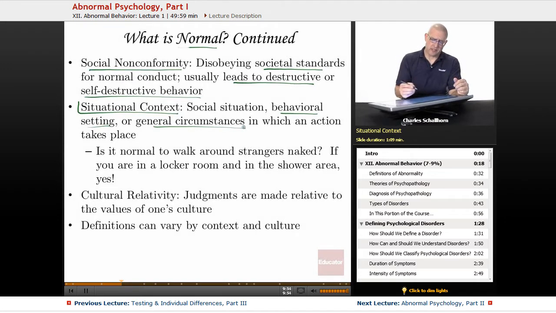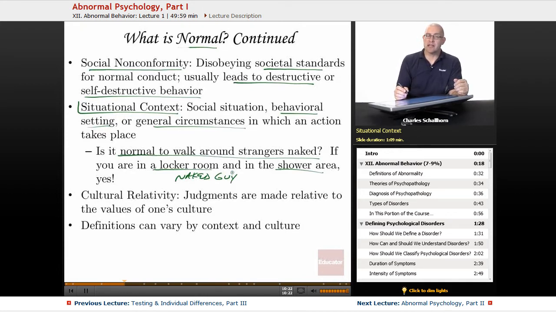One silly example: is it normal to walk around strangers while you're naked? Well, if you're in a locker room and in the shower area, completely normal. But now that I'm thinking about it, as I recall, there was a student, I believe at Stanford back in the early 90s. He was known as Naked Guy. All he wore were flip-flops and a backpack.